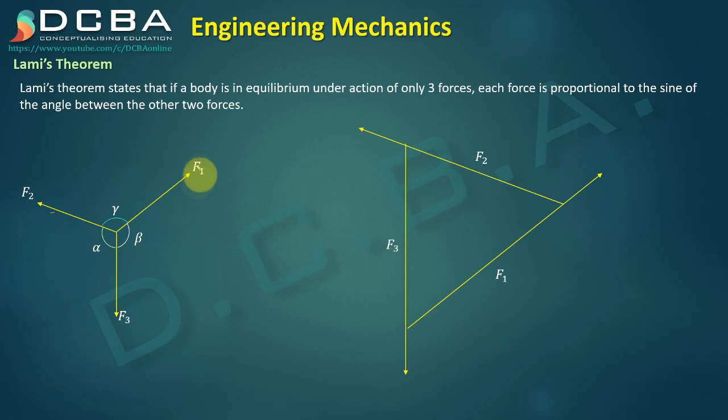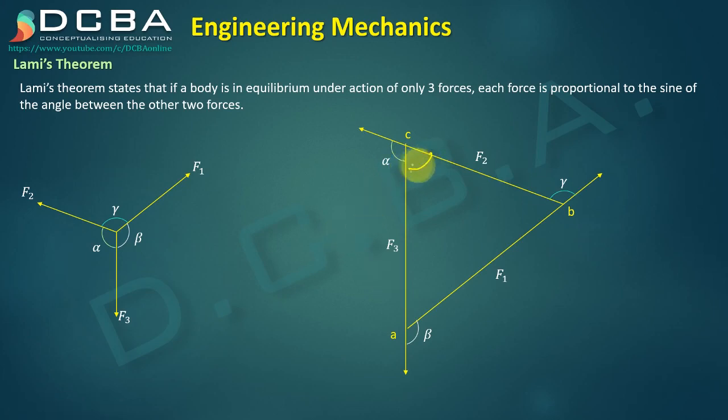Between F1 and F3, we have this angle as beta. Then between F2 and F3, we have this angle as alpha, and between F1 and F2 we have this angle as gamma. Correct? And also let us name the vertices A, B and C.